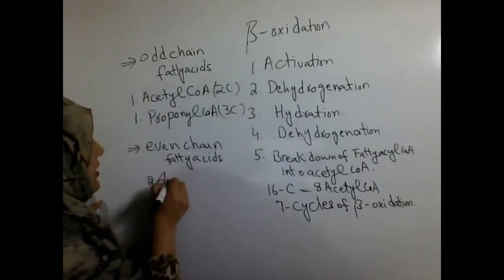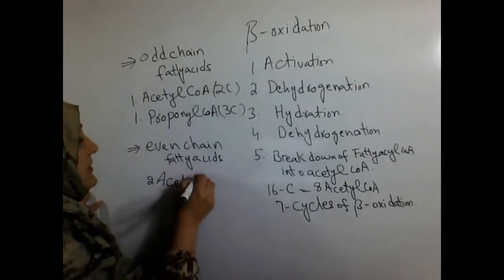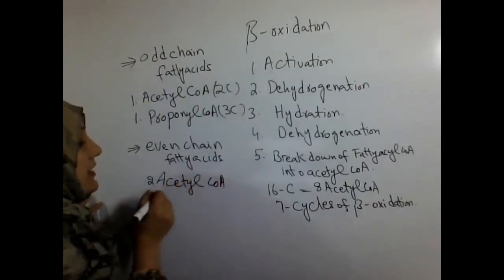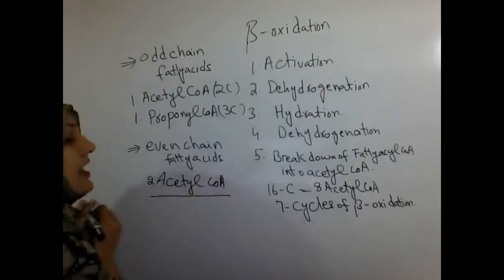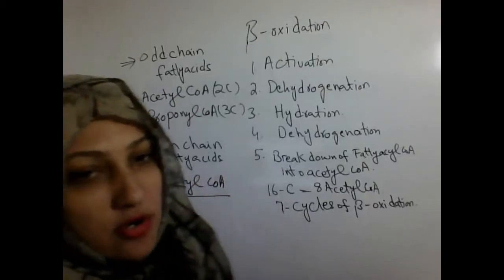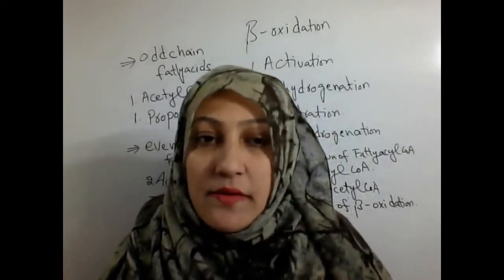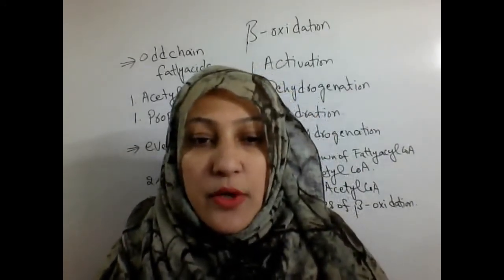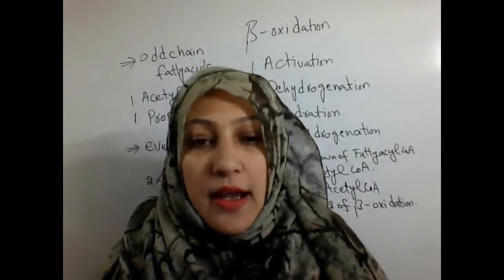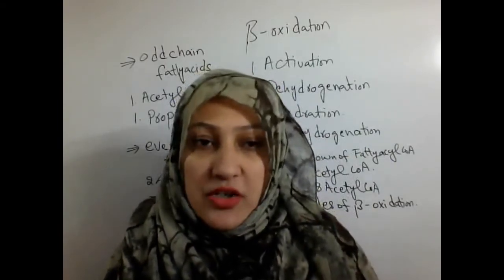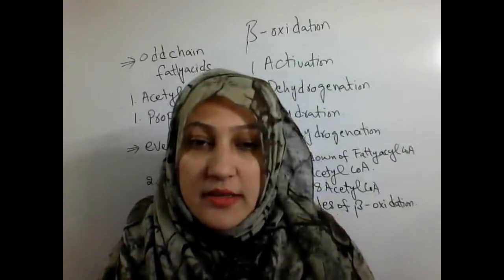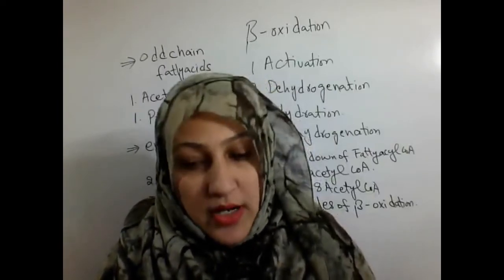So there are 2 acetyl-CoA produced in the last cycle. But in case of odd chain fatty acids, the two molecules produced at the end are one acetyl-CoA and the second one propionyl-CoA.